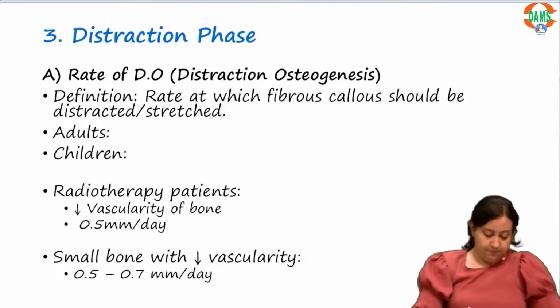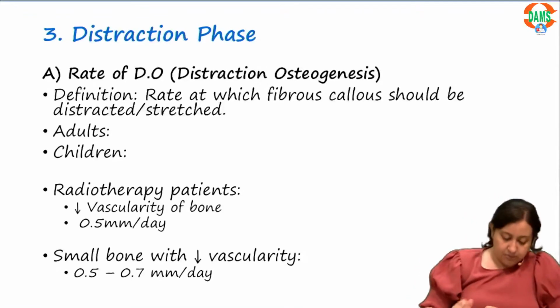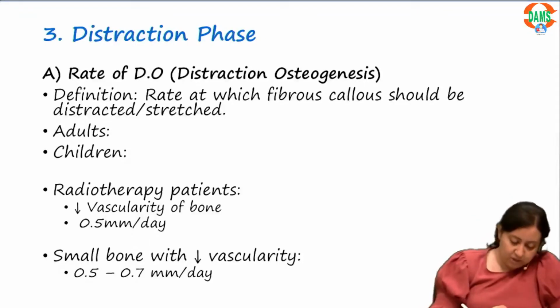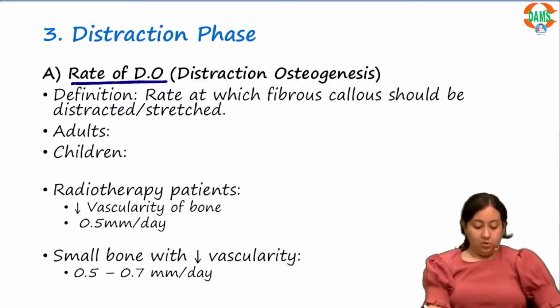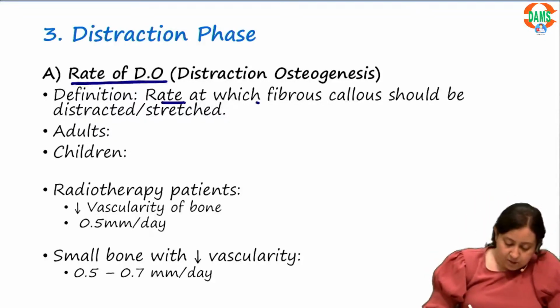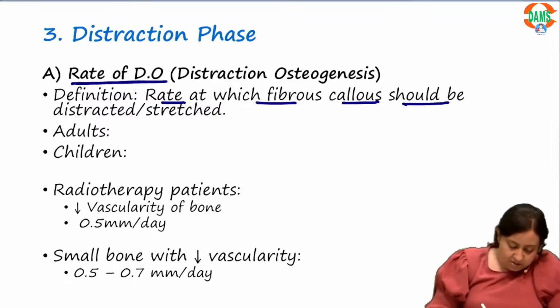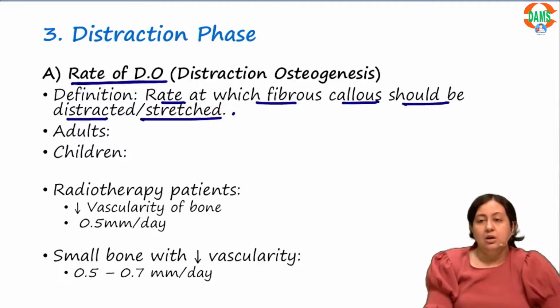Now let's see what is under distraction phase. We have two things. First is the rate of distraction. Okay. Now this is the rate at which fibrous callus should be distracted or stretched. Alright.